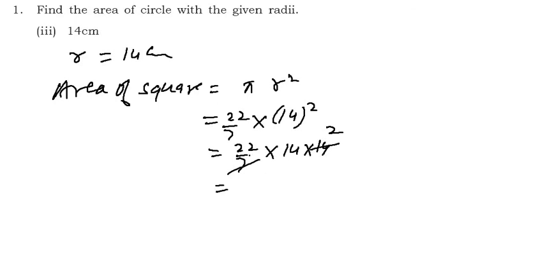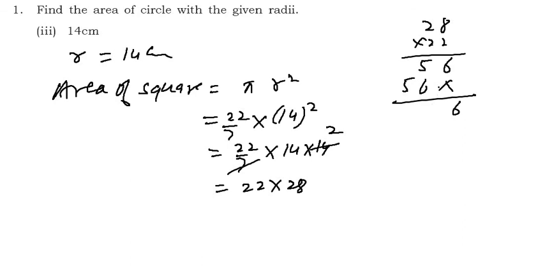Now multiply here. It is 22 into 14, 2 4s are 8. Now 28 and 22. So 2 8s are 16 and 2 2s are 4 and 1, 5. Here is once again you can write here. So 6 and 5 that is 11, 5 and 6, the 616. So that is the 616 square centimeter. So that one is your answer.